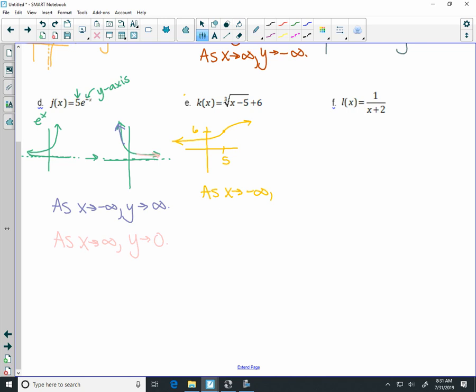As x approaches negative infinity, we're going out a lot faster than we're going down, but our function is still going down forever. Y approaches negative infinity. As x approaches positive infinity, again, we're going out faster than we're going up, but our function is still increasing. So y approaches infinity.